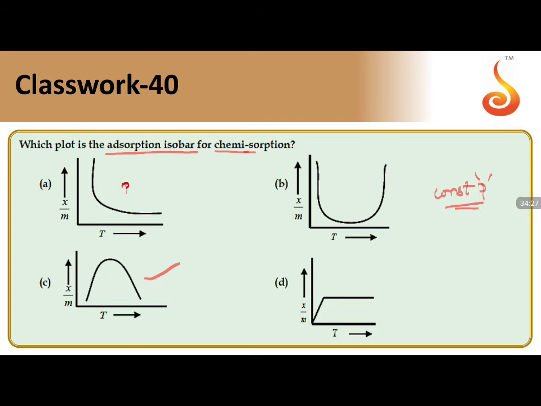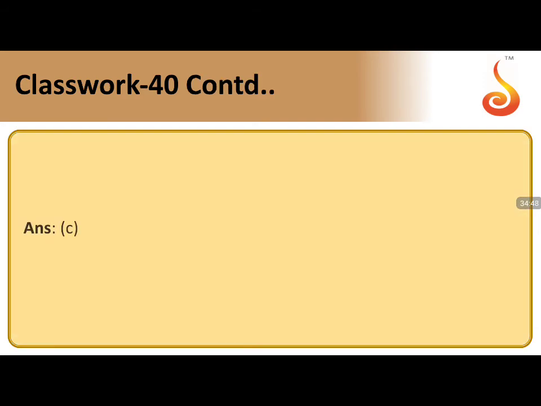This is for physisorption and this is for chemisorption. This is the wrong one, and this is not with respect to temperature. This is X by M versus pressure, the Freundlich adsorption isotherm. This is a wrong statement. So the answer for this should be option C.